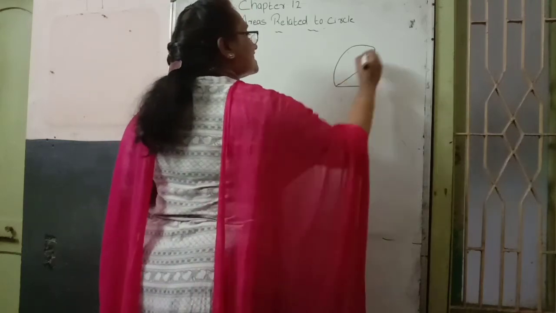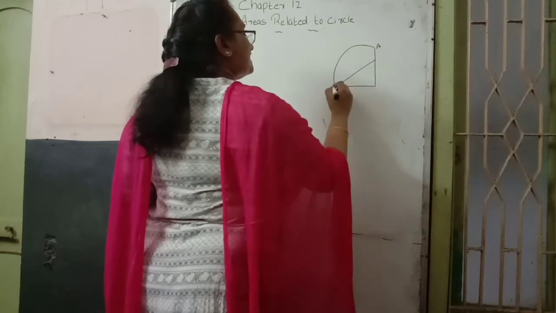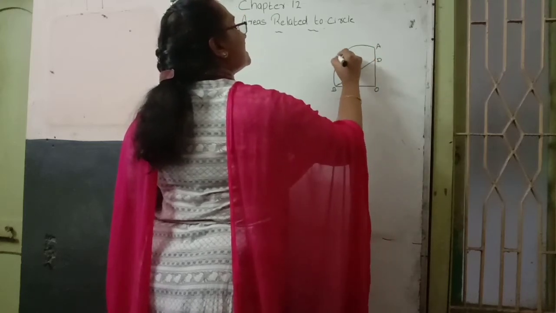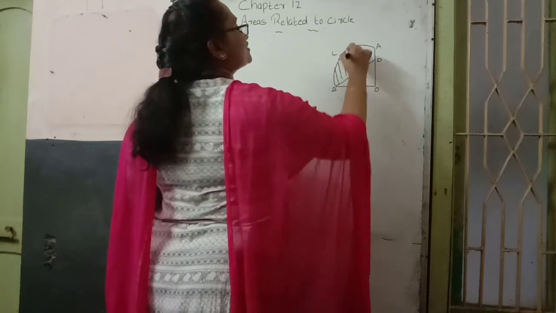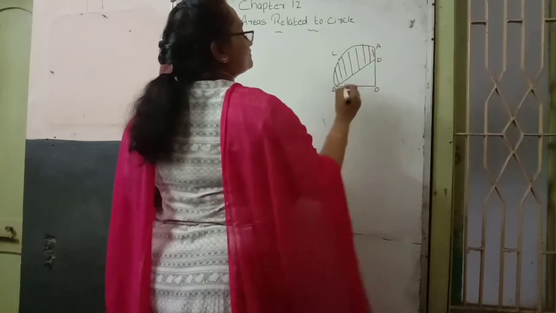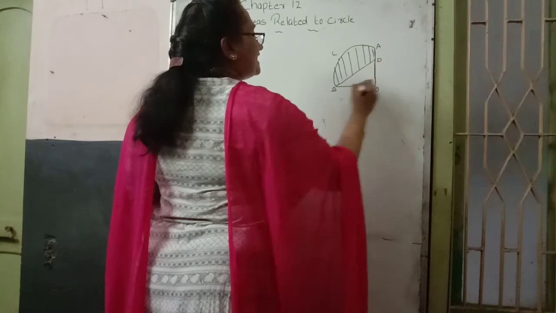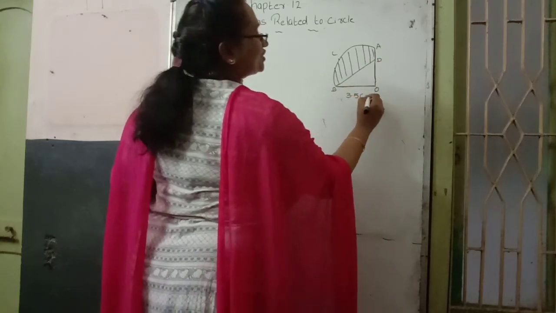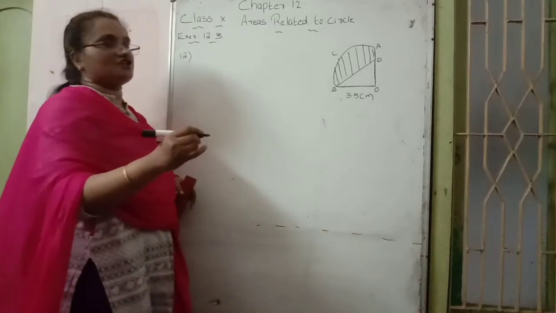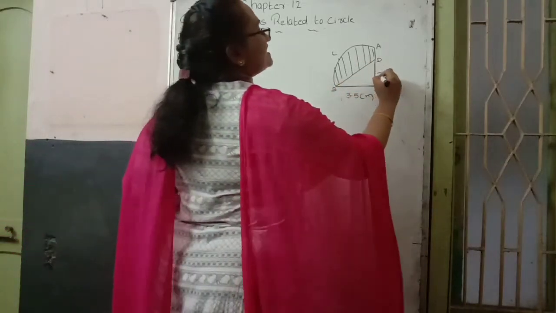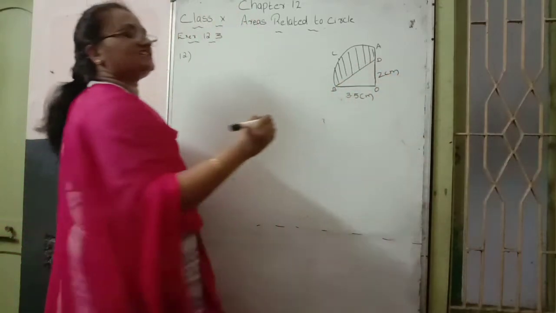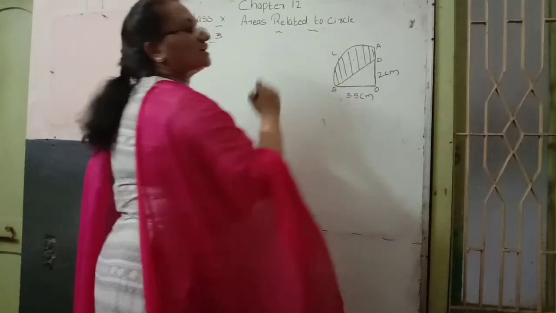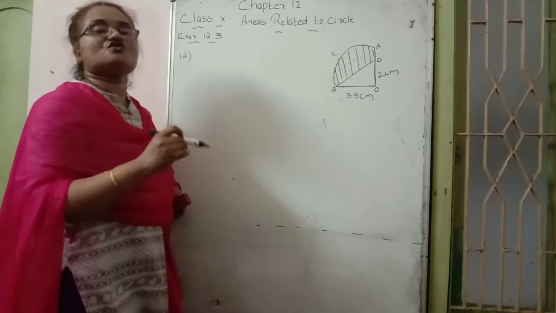They mark it as A, B, O, D and C. This part is shaded there. Then the radius of this quadrant is given as 3.5 centimeter, and OD distance they gave as 2 centimeter. What they ask you to find is the area of the shaded portion.